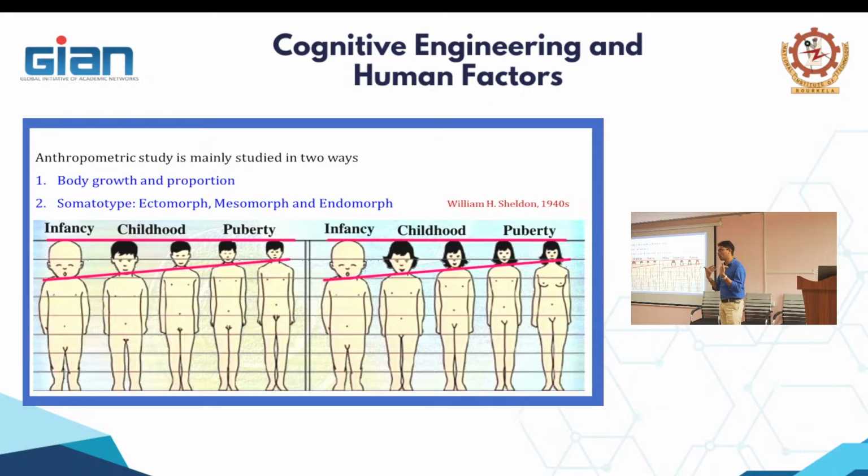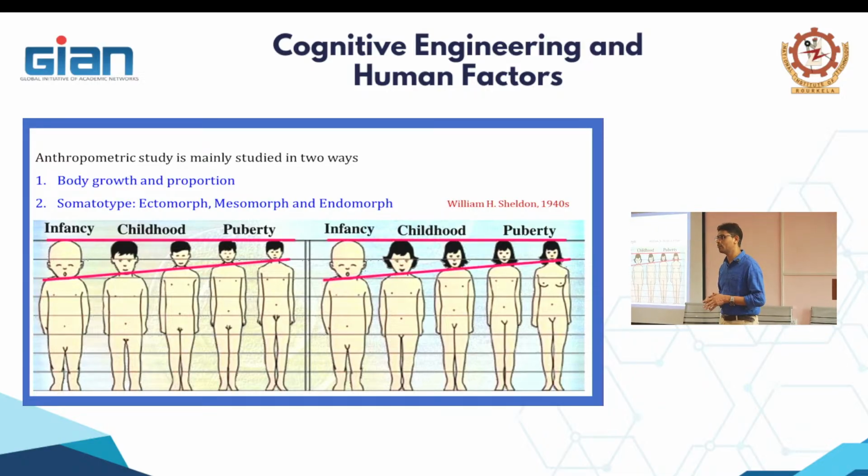Now if we talk about body growth and proportion, at different ages and for different genders, how the different body parts grow and when they start differentiating. This information is required when you're designing some particular product for a kid.